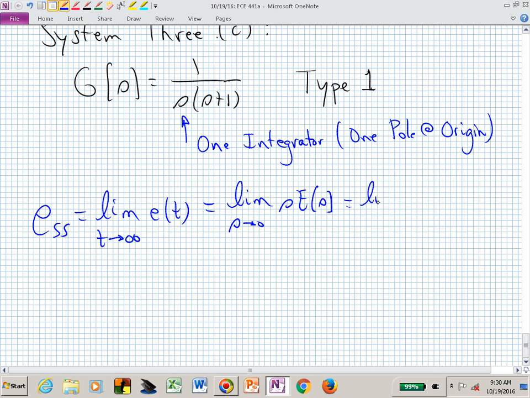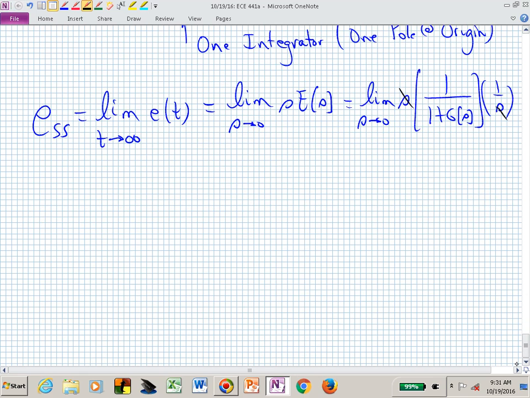And we now have the limit as s goes to 0 of s, 1 over 1 plus g of s, that's still the same, times our unit step, which is 1 over s. This s cancels that s, and let's see what we have if we start plugging in the particular structure for the plant g of s.